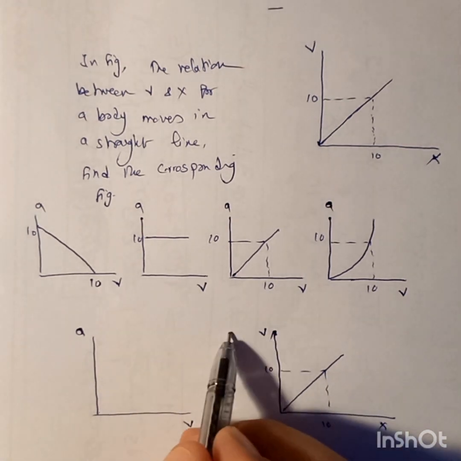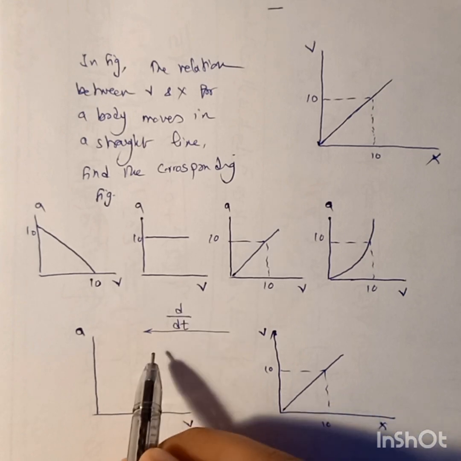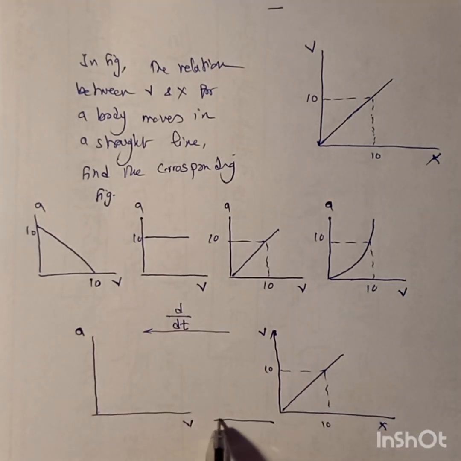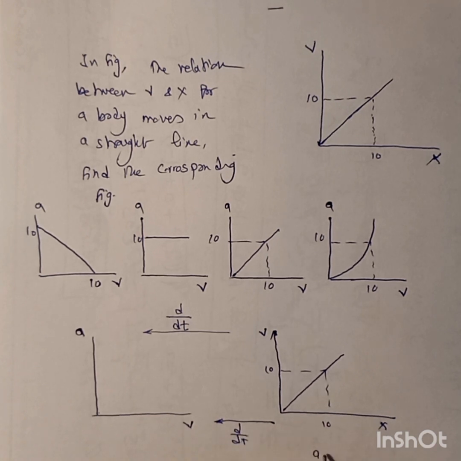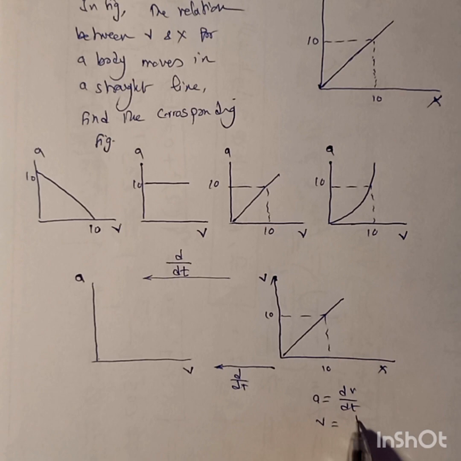To change this one to this one, we have to apply d/dt. And here also, to change x to v, we have to execute d/dt, as we have a equals dv/dt, and we also have v equals dx (or ds) over dt.